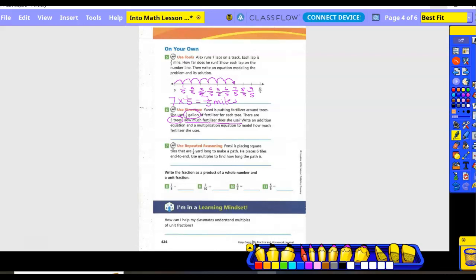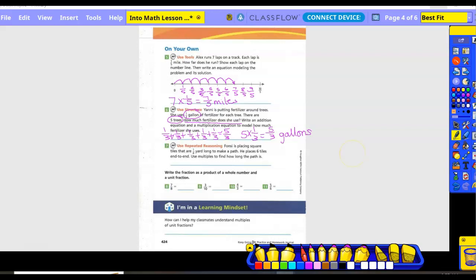So how am I going to write that as an addition problem? 1/3 plus 1/3 plus 1/3 plus 1/3 plus 1/3 gets me 5/3. Okay, how would I write that as a multiplication equation? There's 5 trees times my unit fraction of 1/3 equals 5/3 gallons.